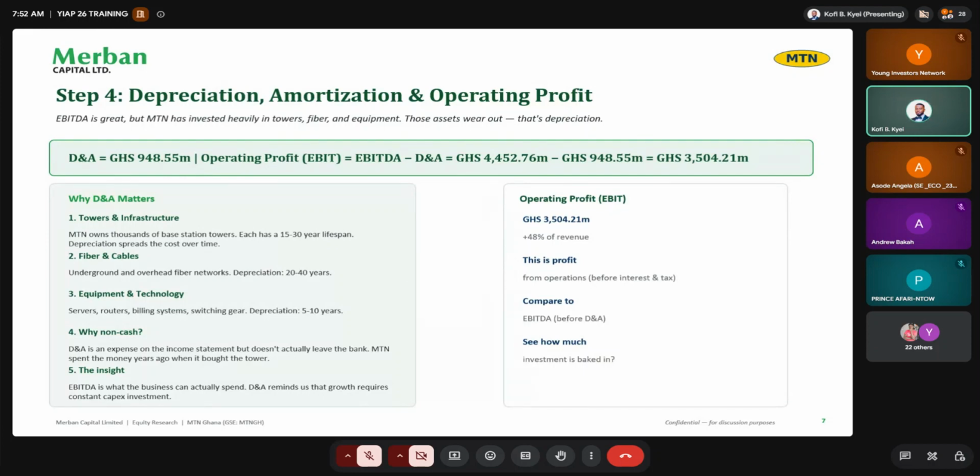Operating profit is the EBITDA minus D&A. That is 4.4 billion minus 948 million, so it comes to 3.5 billion. So this is the breakdown: towers, fiber and cables, equipment, all the capital assets that the company invests in.